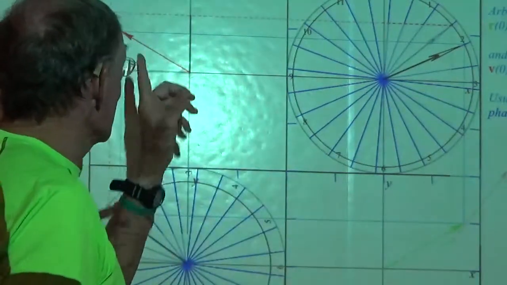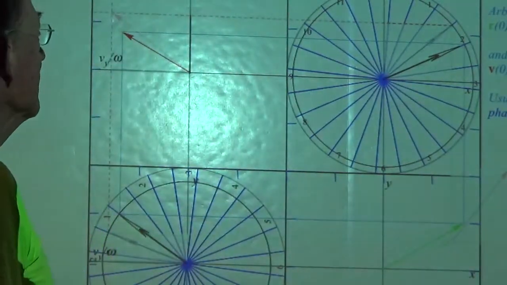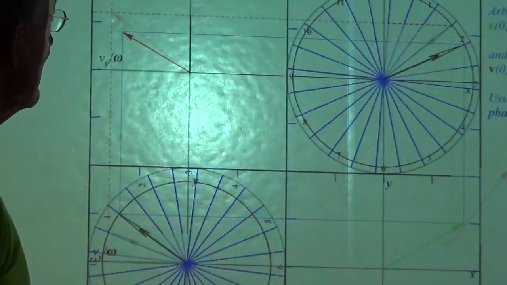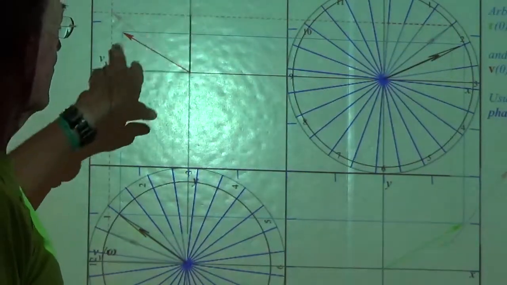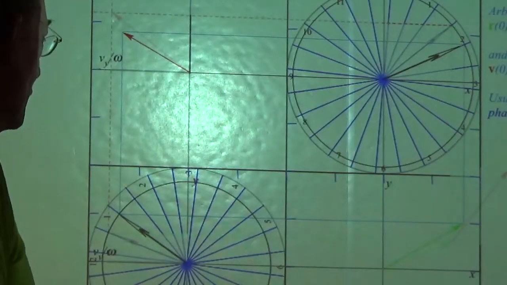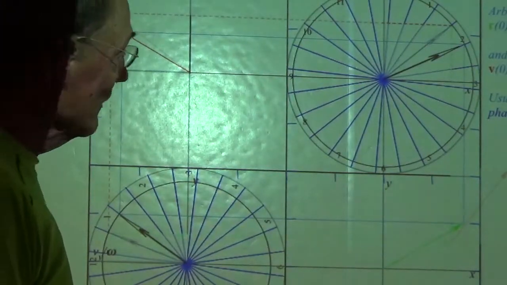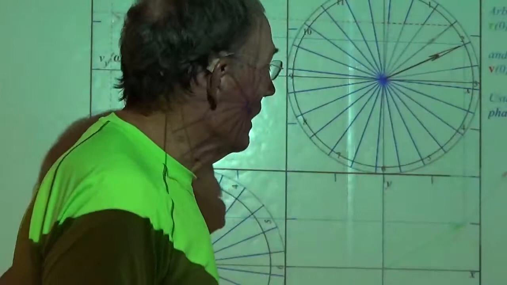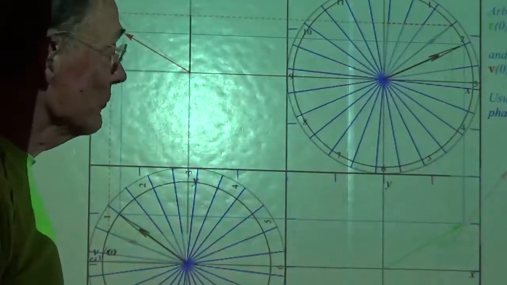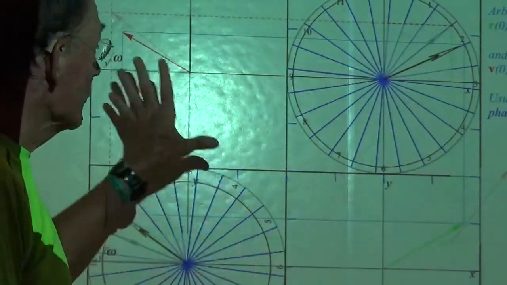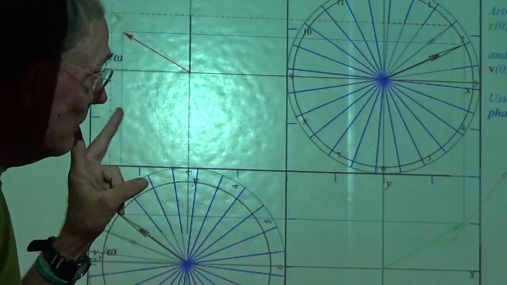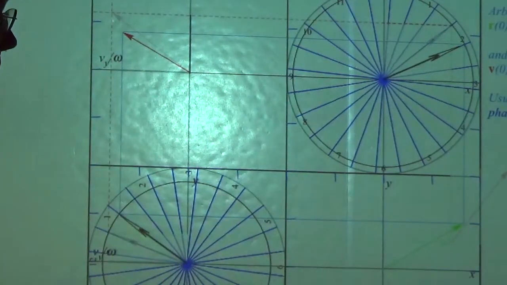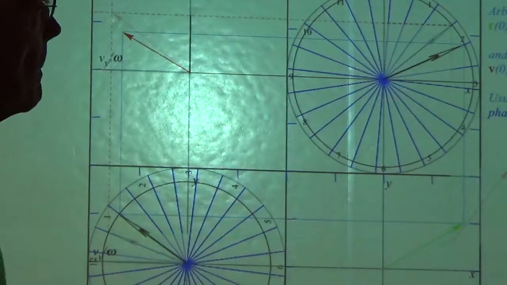But that's the exact magnitude and direction of the velocity in Vx, Vy over omega space. And this is where it is, that's x over y space, configuration space you could say. This is velocity space. Most two-dimensional, of course. Okay?